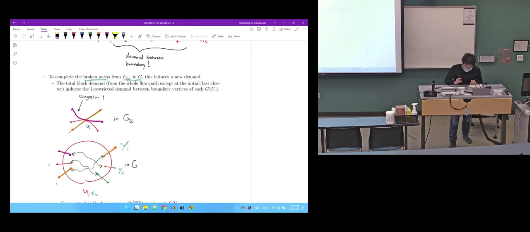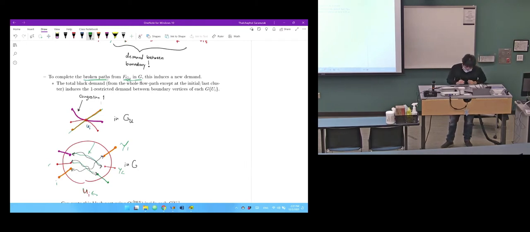This gives you the demand in UI. Okay. So if you sum up this demand, this total black demand here between battery, it's just going to be some demand between battery edges in total for each UI.